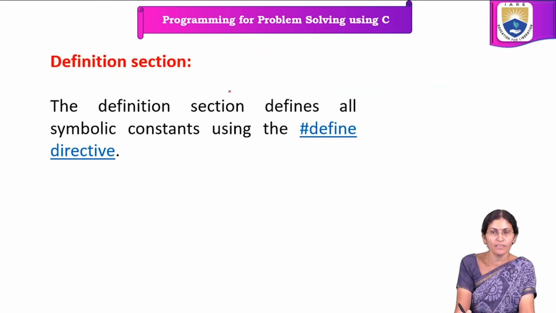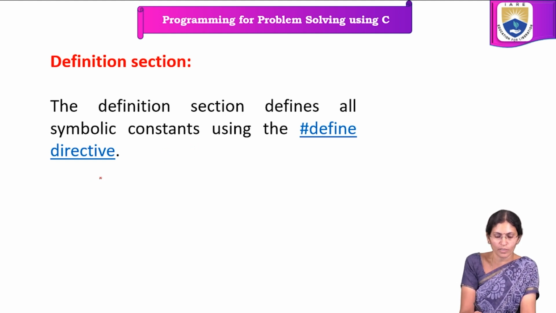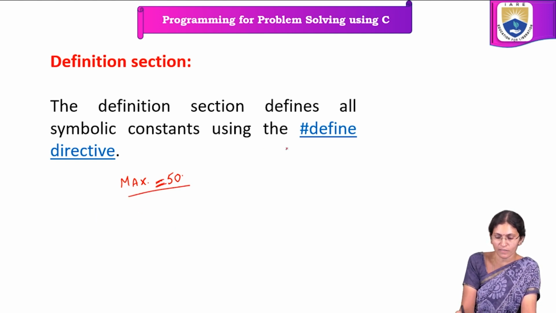Next is definition section. Definition section defines all the symbolic constants. Suppose we want to define some maximum value equal to 50. In order to define this maximum value and assign it 50, we use the #define directive.